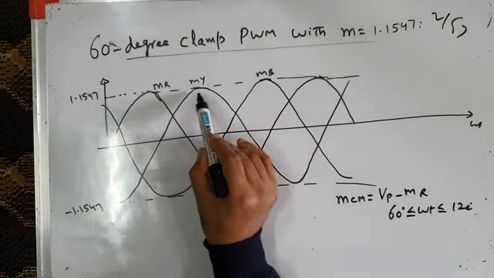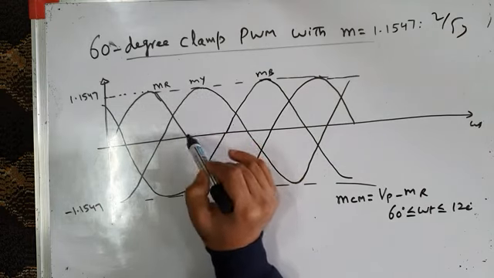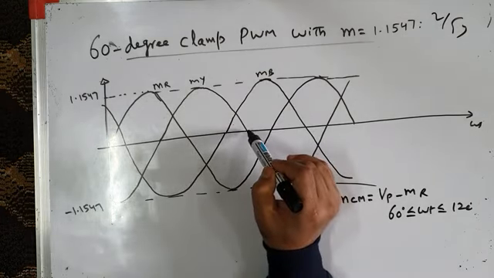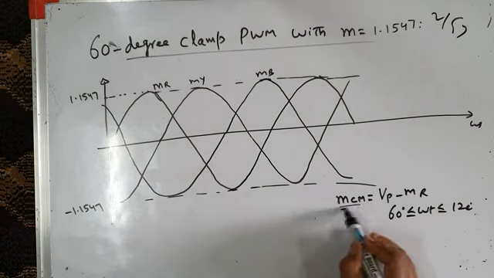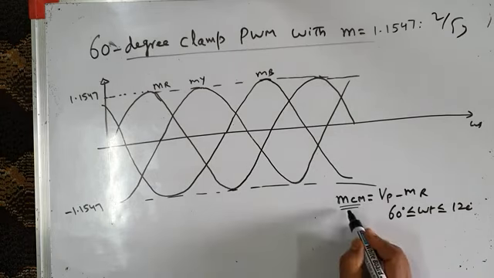Similarly, phase leg Y, I want to clamp from 180 to 240 degrees. Phase leg B, I want to clamp from 300 to 360 degrees, and so on.